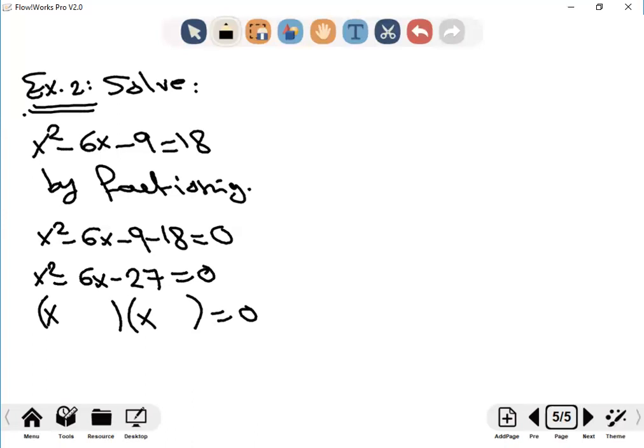To find the two numbers, you need to search for two numbers. If you multiply them, the answer is negative 27. If you add them, the answer is negative 6.